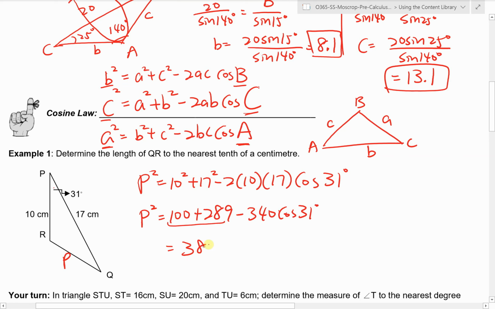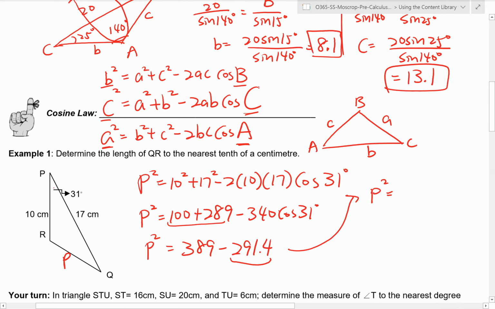That's 389 minus 340 times cosine 31. This is 291.4. Now, when you put this into the calculator, make sure you use the answer button on the calculator. Don't actually use 291.4. Make sure you utilize the answer button.